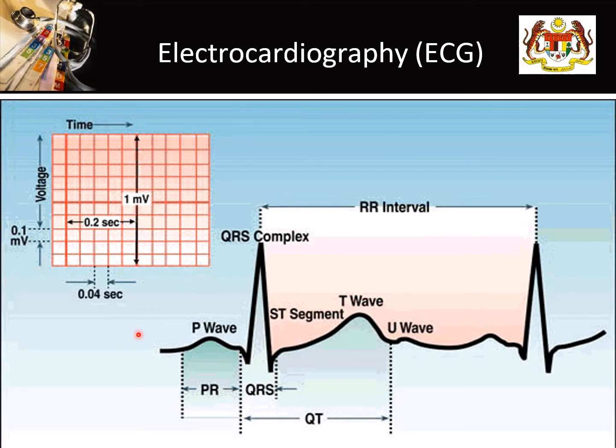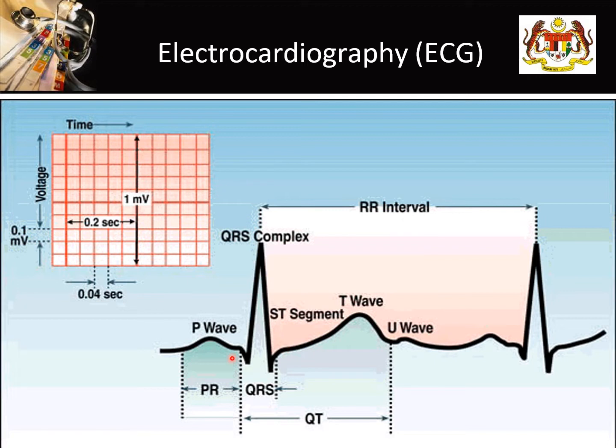So a normal PR should be less than 0.2 second, or less than 5 small boxes. In some conditions like first degree heart block, or second or third degree, the PR is usually prolonged, more than 0.2 second.